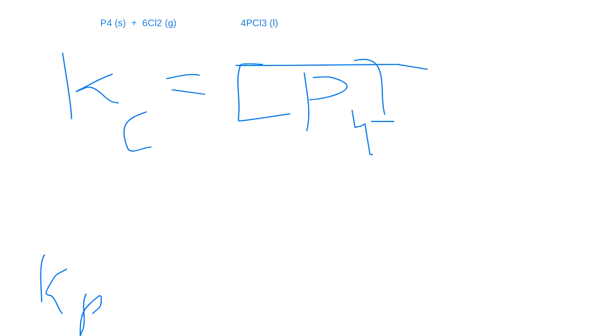I already explained to you about the solid, but you don't hear me. A solid is never written in the equilibrium constant. A solid is unity, constant, 1. You never write a solid.